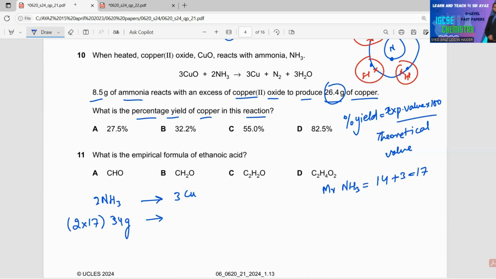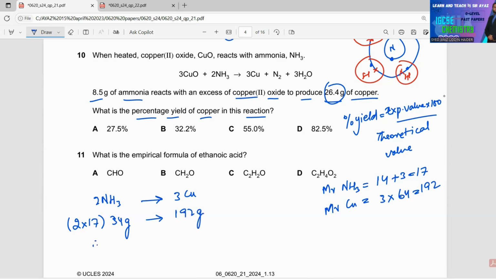So we have more than 1 mole of copper. So Mr of copper will be 3 multiplied by 64, which is 192. So 34 grams gives 192 gram copper.